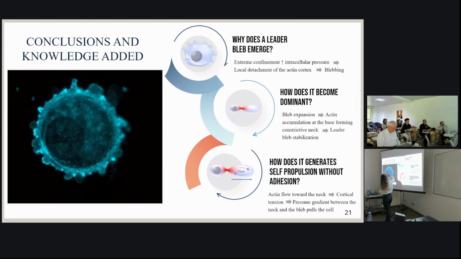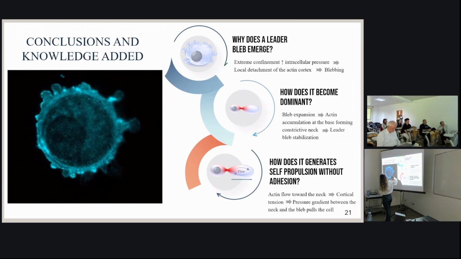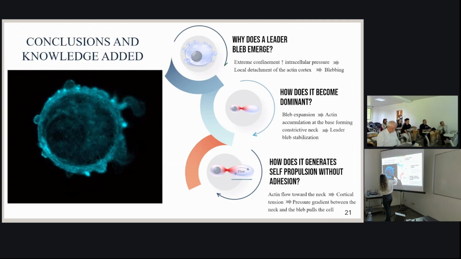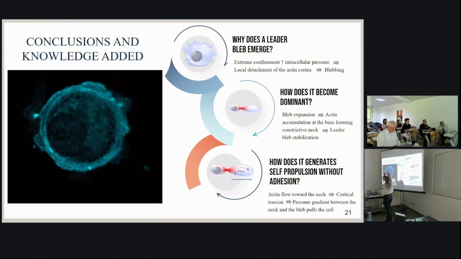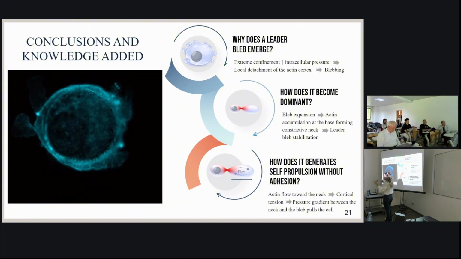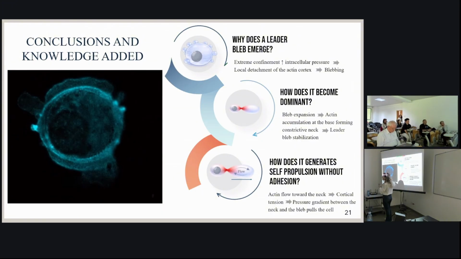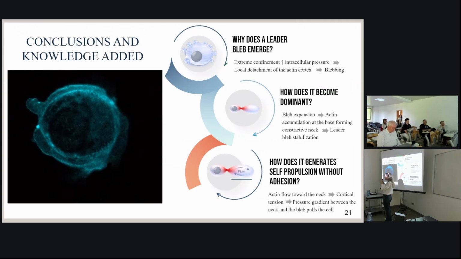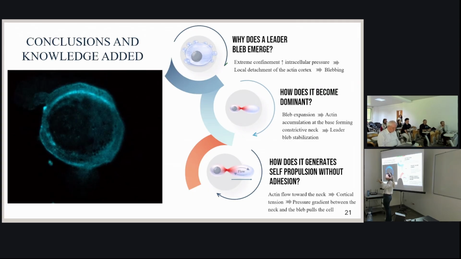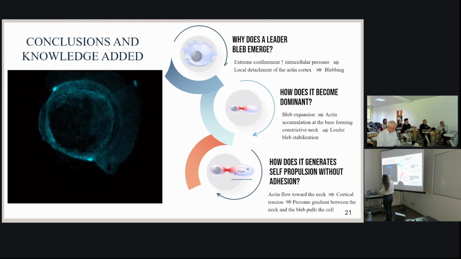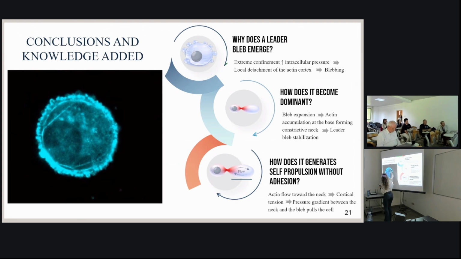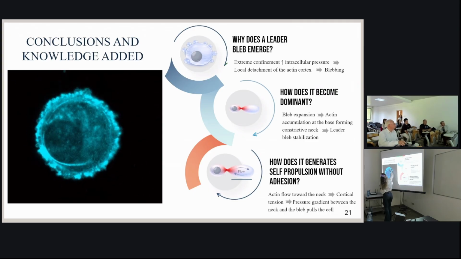Here in this video, I have another video with a little bleb, like the previous examples that we saw, where after a period of time there is a bleb that is dominant. I put this video just to show you that, because at the beginning we see different blebs, and I will show you when they're acting.